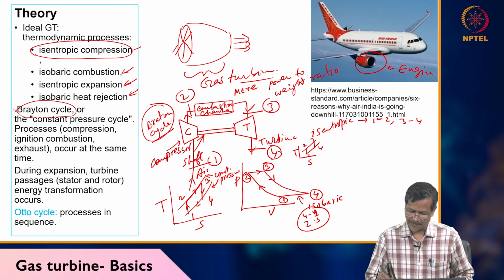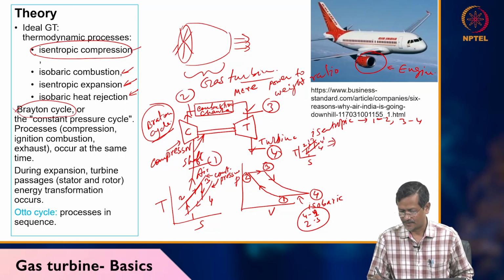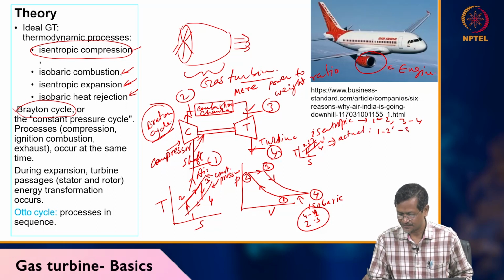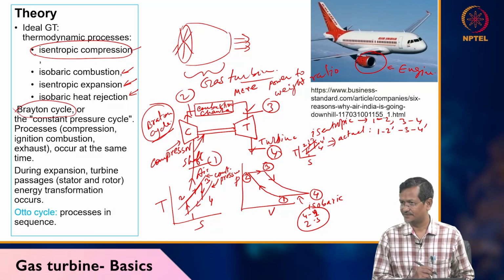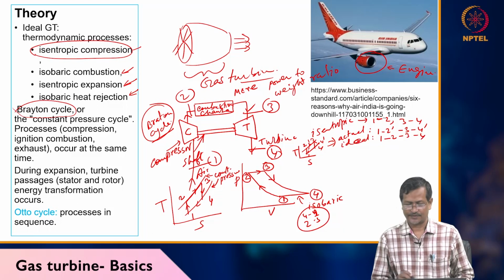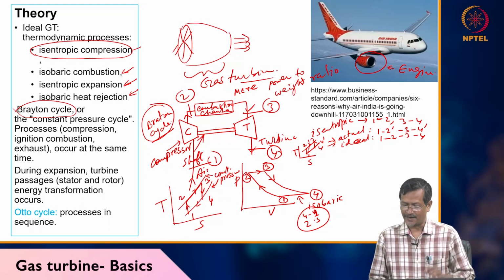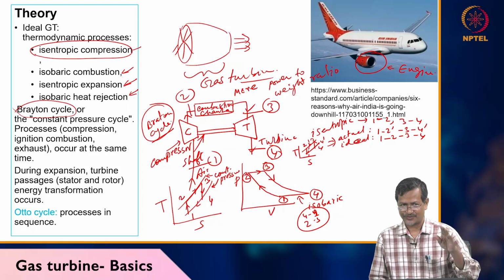Practically, compression power requirement will be higher and turbine power will be lower, so actual is 1, 2 dash, 3, 4 dash. You see the difference. In the actual case you give more power to the compressor and get less power from the turbine, but in the ideal isentropic case you get more power.